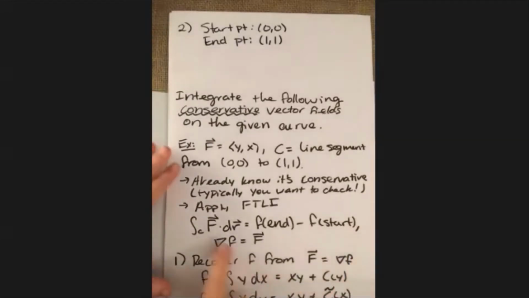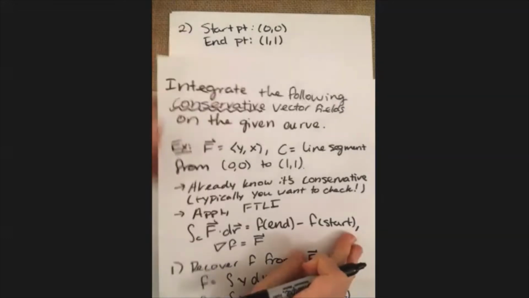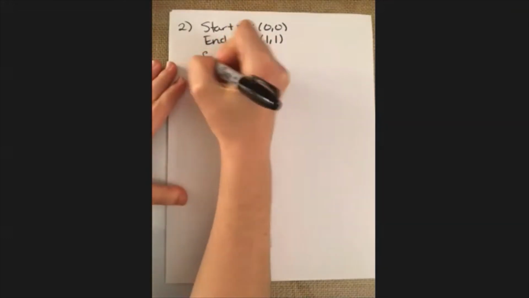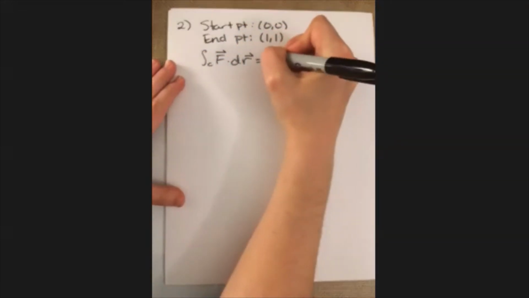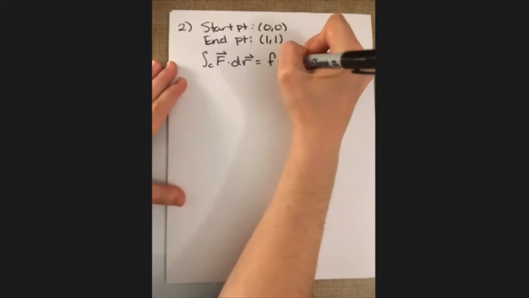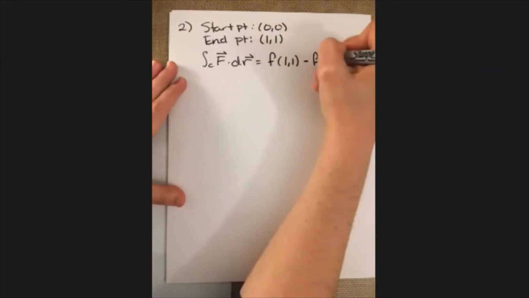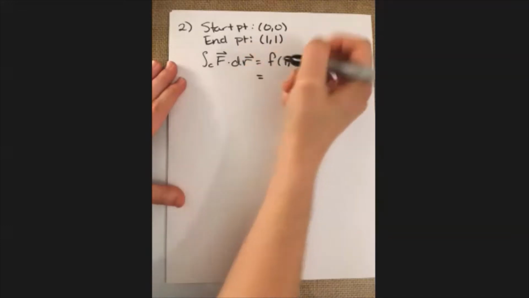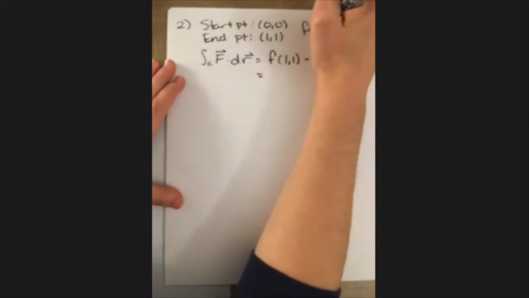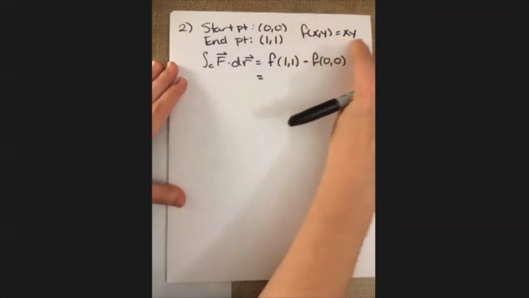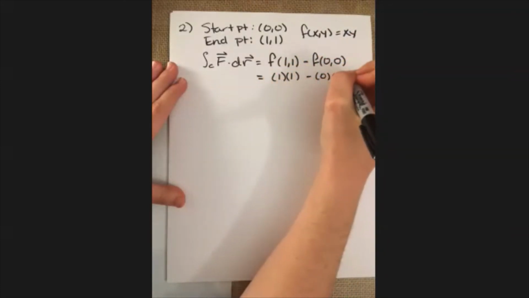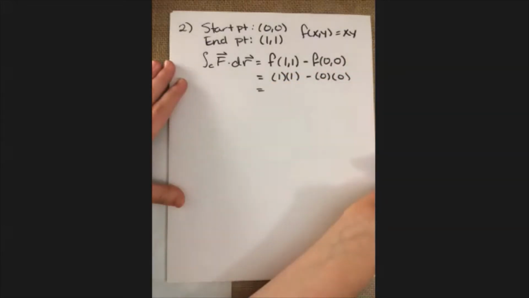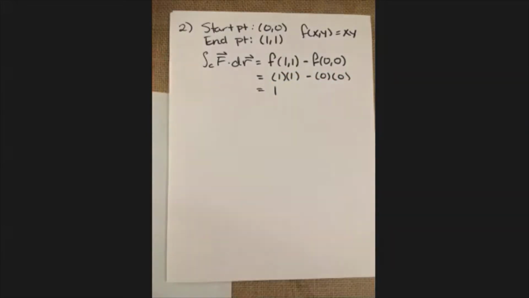So applying our fundamental theorem of calculus here, or fundamental theorem of line integrals, our integral that we're looking for has to be equal to our potential function little f evaluated at 1, 1 minus our potential function evaluated at 0, 0, which is just equal to, we had said x times y, so that's just 1 times 1 minus 0 times 0. So we're just going to get 1 out of that.